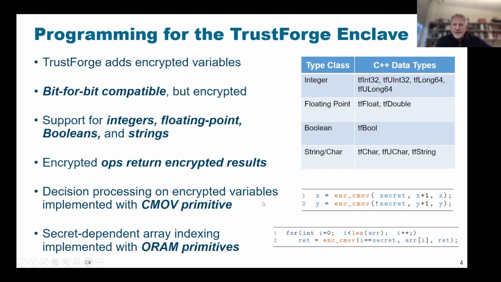Now, there are two things you cannot do inside of TrustForge programming, and these are essentially bad programming practices. One is that a TrustForge encrypted variable cannot influence a branch in the program. So if statements on encrypted variables are not possible. The way you do decision processing in TrustForge programs is you have to use what's called a conditional move primitive.